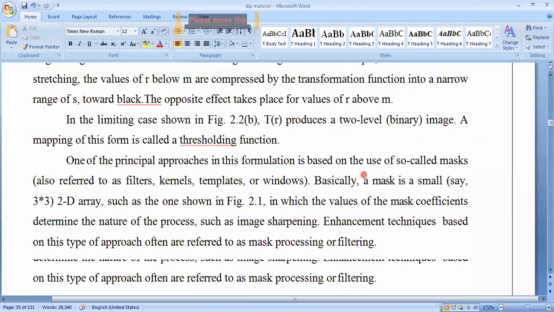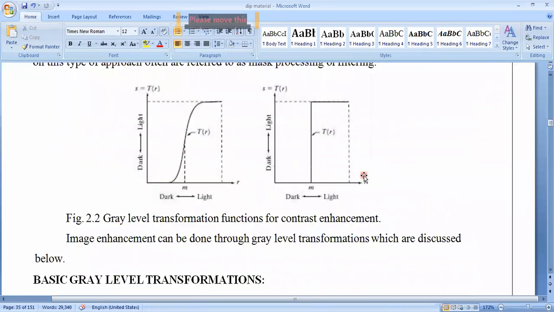Okay, so you see a simple example, contrast stretching. Here r indicates the gray level values of the input image. s indicates the gray level values of the output or processed image. The transfer function between input and output is like this.